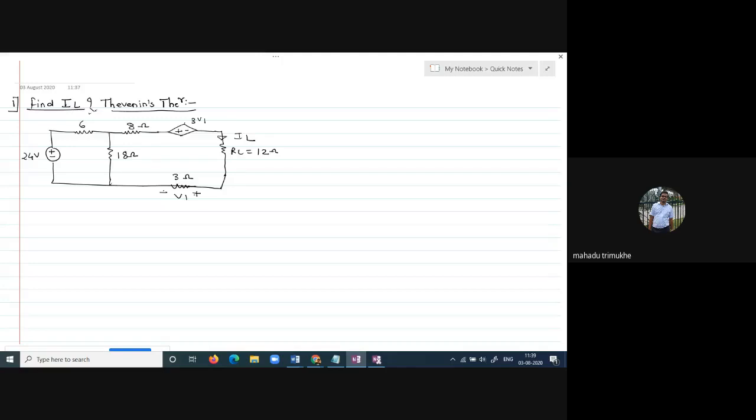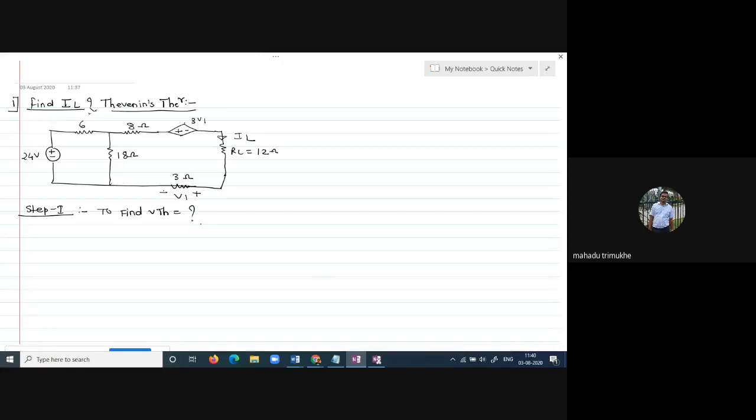So, as per the statement of Thevenin theorem, you have to find out VTH. Step number one is to find VTH. How to find VTH? We have to remove the load resistor. The load resistor is already given, RL is the 12 ohm.